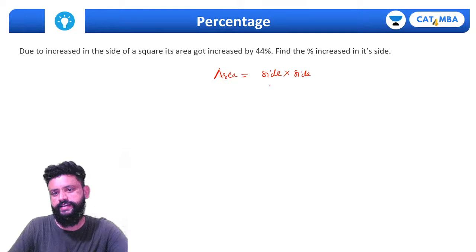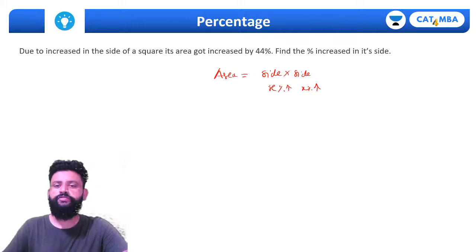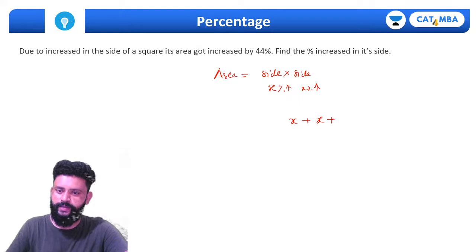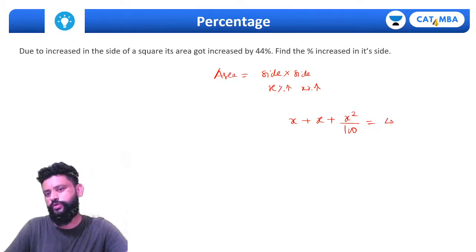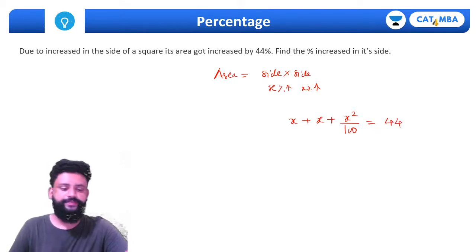that is, side squared is area. So let's say the side is increased by x%. What will be the formula, Satyaprakash? x plus x, and x square by 100 is equal to 44. Am I right?